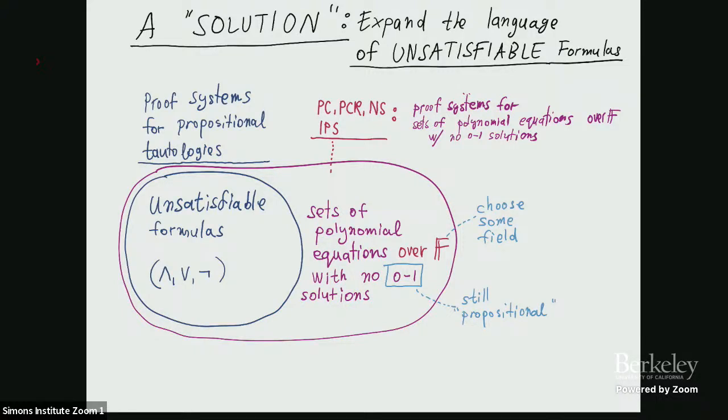These are the proof systems of interest in this regime: polynomial calculus with resolution, Nullstellensatz, and what I'm going to discuss today mostly is IPS, the ideal proof system, which we have to define.